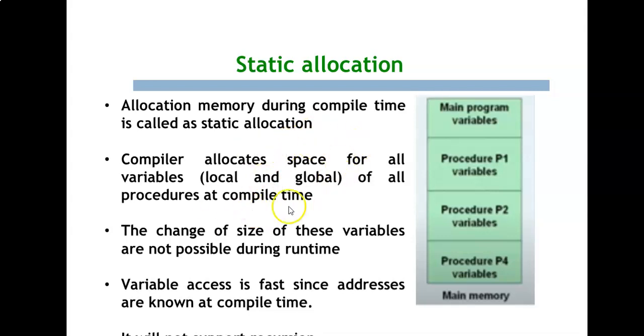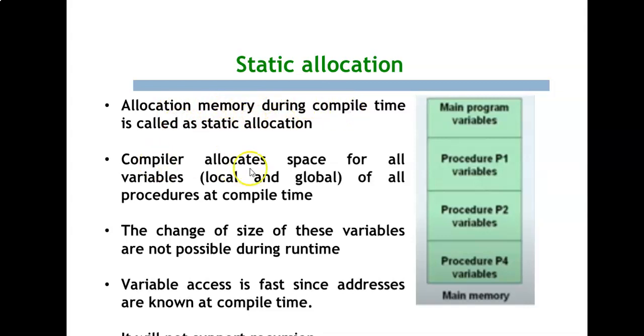Now we are going to discuss the first strategy, called the static allocation strategy. All the variables in the main program and in the procedures P1, P2, P3, P4 and so on, whose memory can be decided at compile time, will be allocated using static allocation. That is, allocation of memory during compile time is called static allocation.